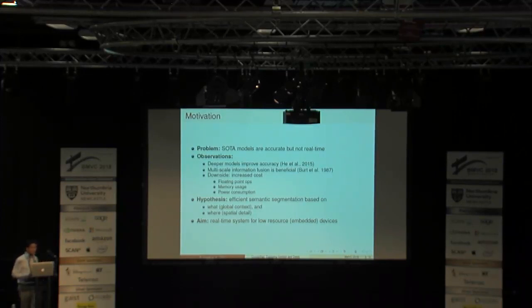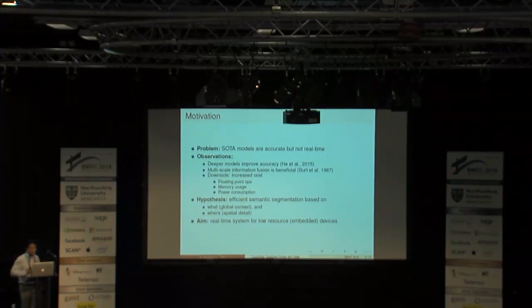But what is the downside of these two things? The downside is increasing cost. For us, that means floating point operations, memory usage, and power consumption, because these three things are holding us back from using our system in embedded devices.